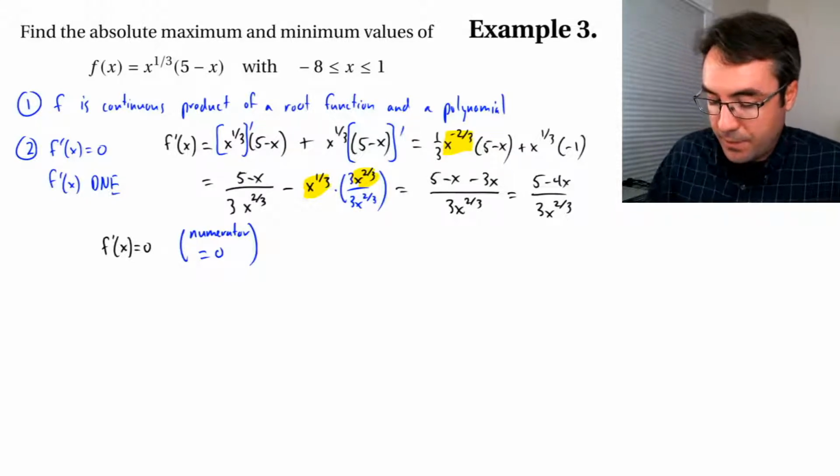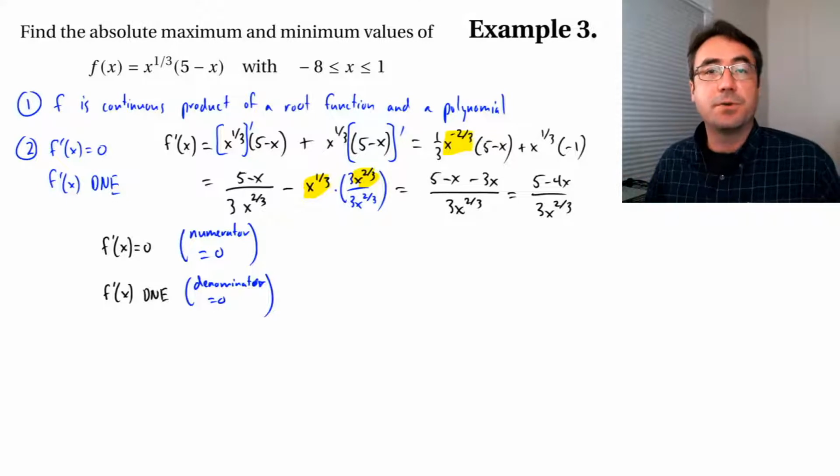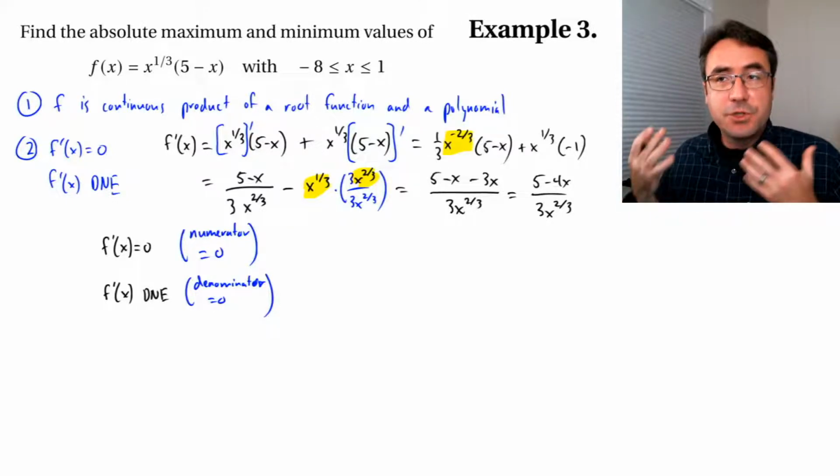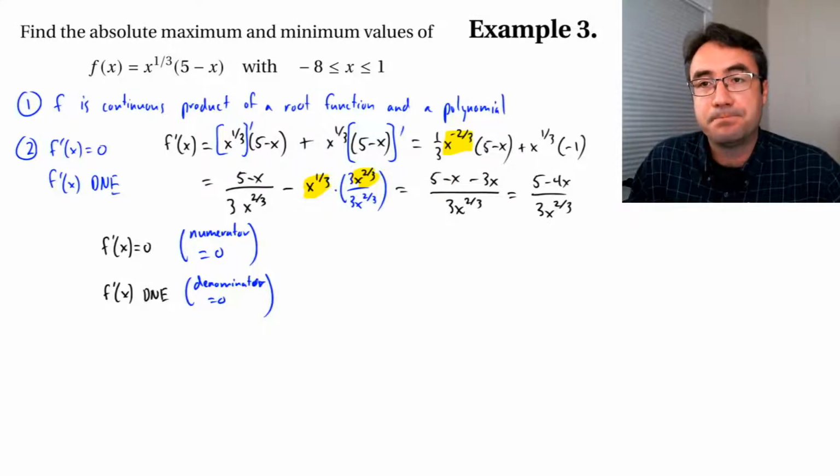And when we look for where f prime is undefined, and we have a fraction, well, that happens exactly where the denominator is equal to 0. Usually. We might have other things like square root functions or natural logs, but for just a fraction, we're looking for where the numerator is 0 and where the denominator is 0.